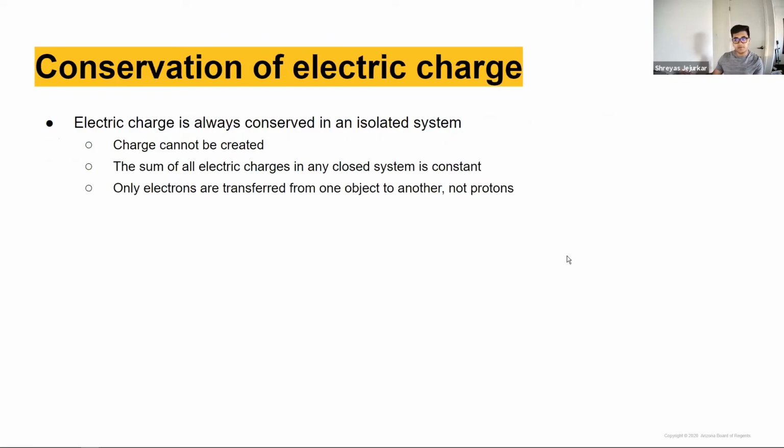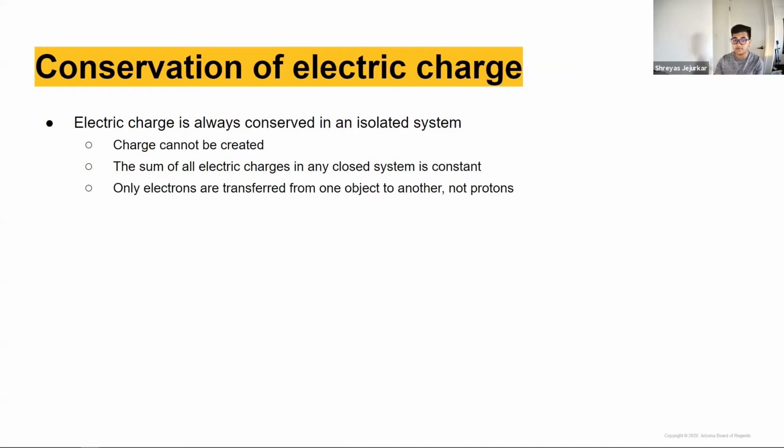And we're going to go over the principle of conservation of electric charge. So electric charge is always conserved in an isolated system. This means that charge cannot be created, and that the sum of all electric charges in a closed system must be constant. So if the system is closed, electric charges can't just disappear or appear out of thin air.